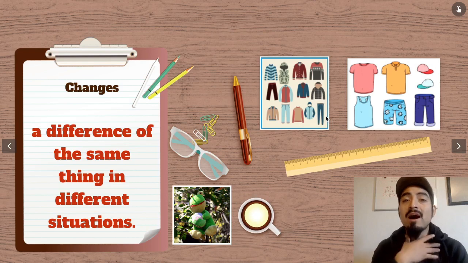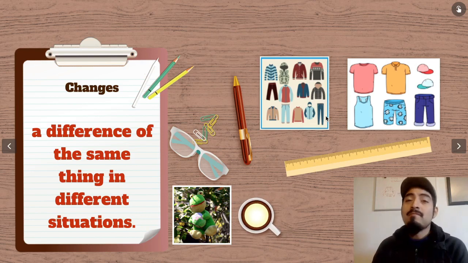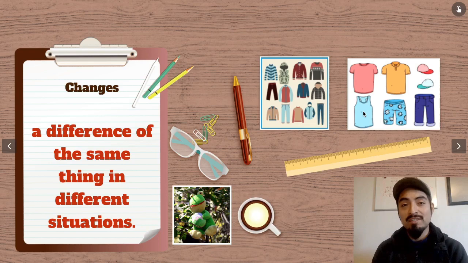For example, scarf that you have to wear around your neck, hats, or big coats and jackets. Very different from the clothes that you have to wear in summer. Because in summer, everything you wear is light. For example, shorts and sleeveless t-shirts.